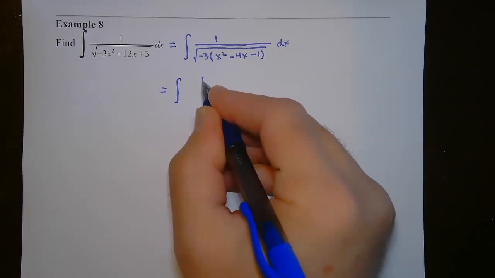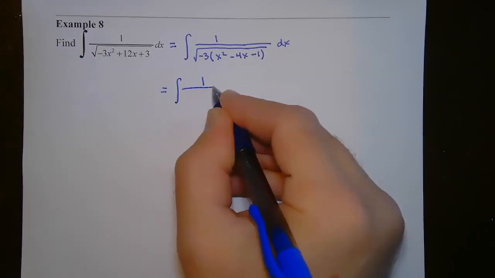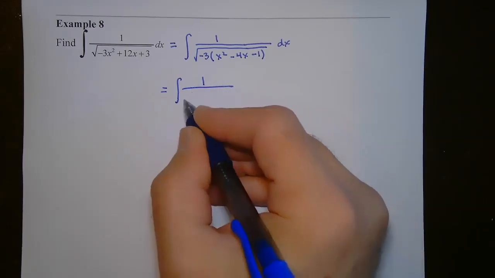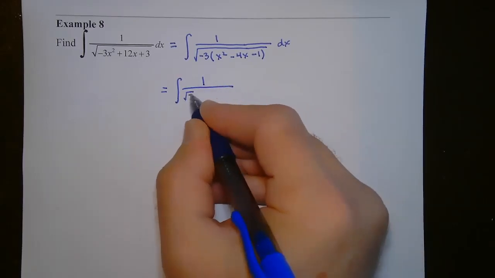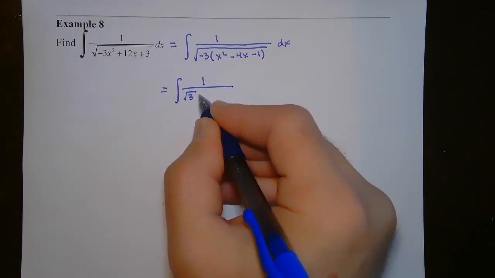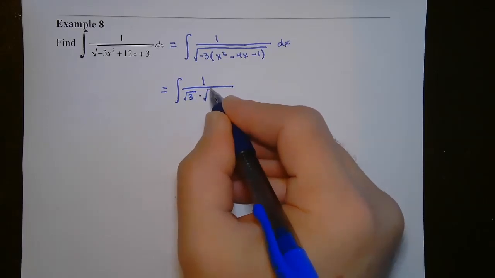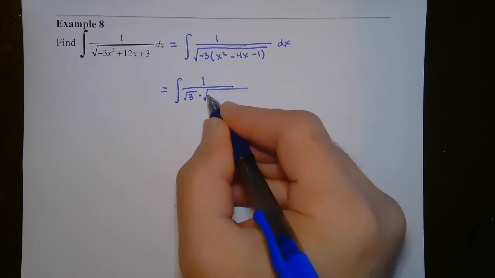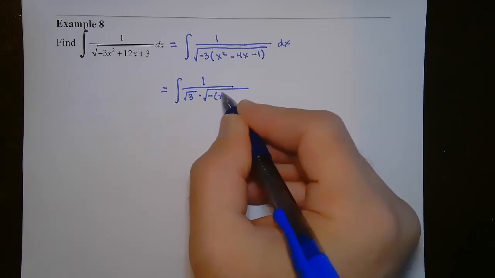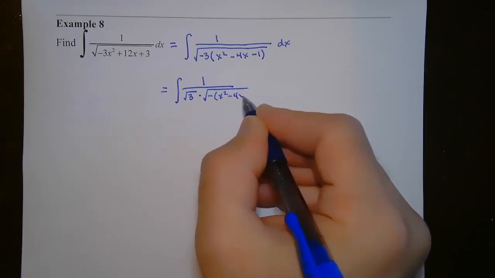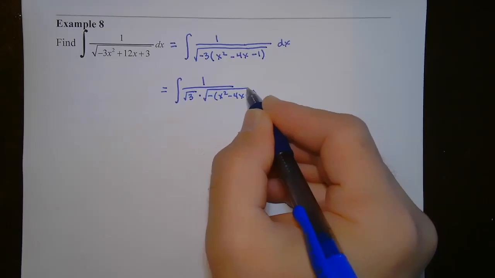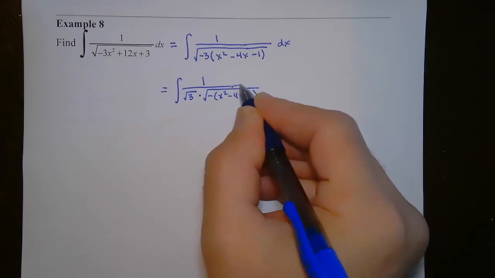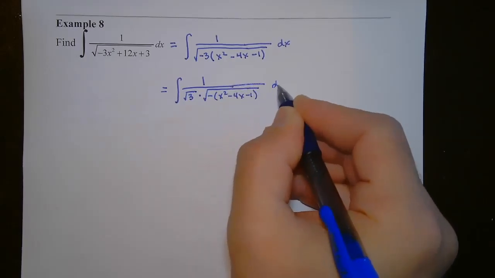So this would be 1 over the square root of 3, I'll talk about this in just a minute, times the square root of negative parenthesis x squared minus 4x minus 1, close the parenthesis, extend my square root, extend my fraction bar a little bit, and then dx.